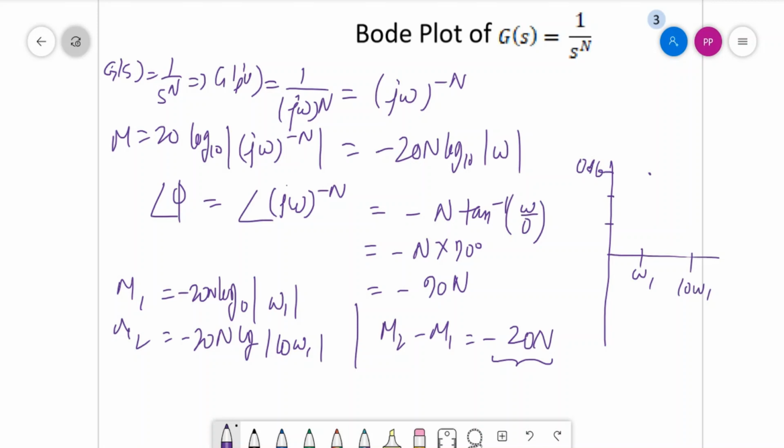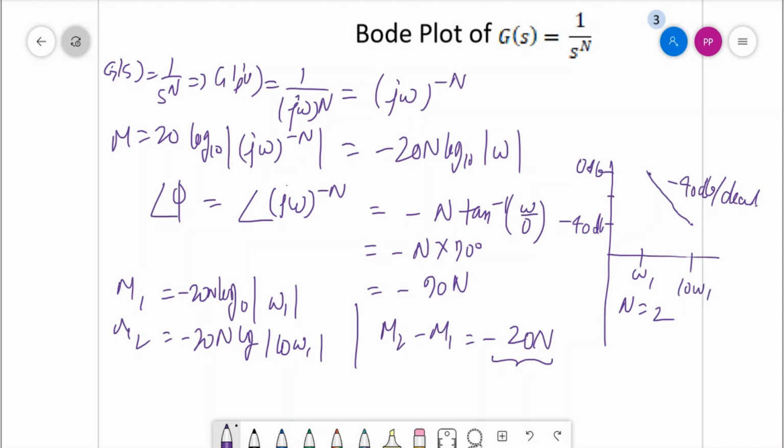Then, taking n equal to 2, it will become minus 40 decibels. So it will be like this, minus 40 decibels per decade. That is how the slope will be determined, and the phase will be constant at minus 90n.